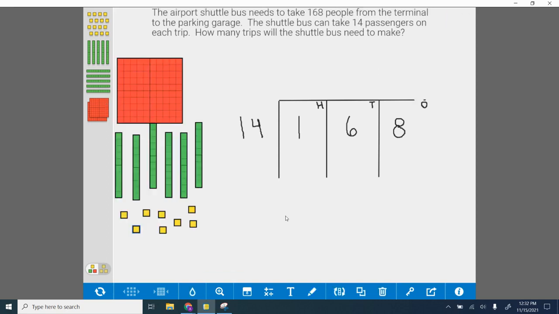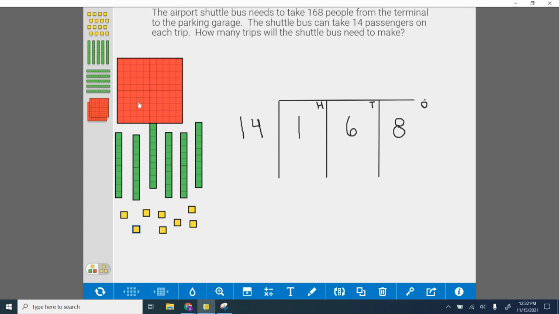All right, so we have our 168, and we're dividing our 168 into 14 different groups. And so let's start with the conversation of, I have 100 in the hundreds place.